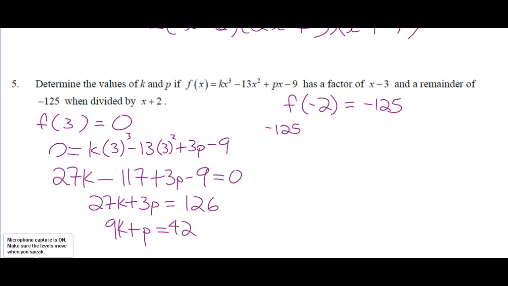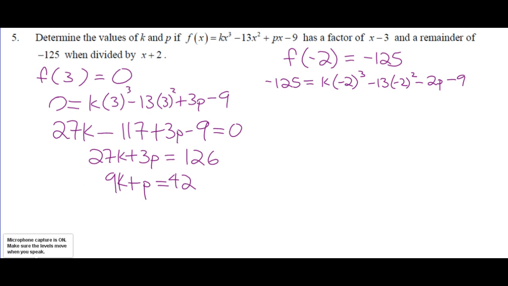Okay, so negative 125 is equal to k times negative 2 cubed minus 13 times negative 2 quantity squared minus 2p minus 9. All right, so let's rewrite that. What do we got here? Negative 8k minus 52 minus 2p minus 9 is equal to negative 125.